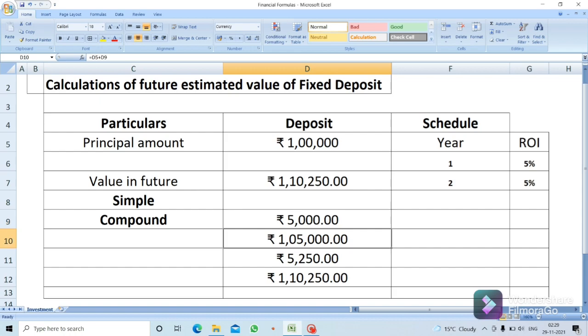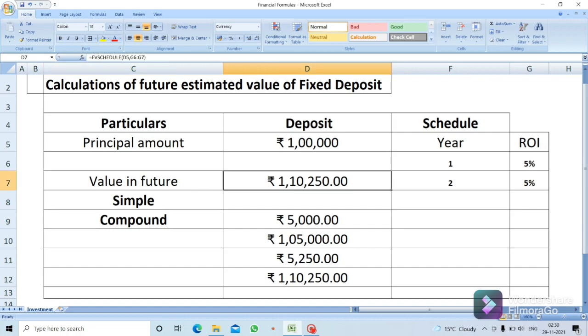In the second year, I got 5% not on the 1 lakh rupees, but on the 1,05,000, which includes the deposit as well as the interest. So I am getting interest on interest also, and that method is known as compound rate of interest. I hope you have understood the concept of fixed deposit and how to calculate the compound rate of interest on a fixed deposit with this function.